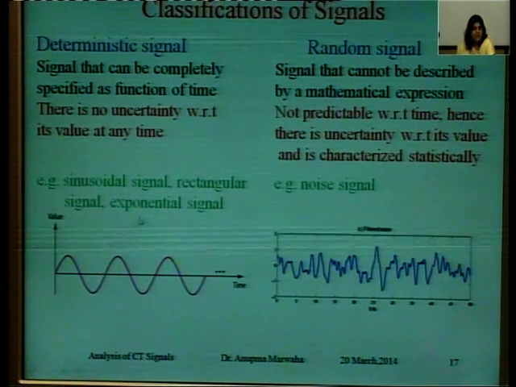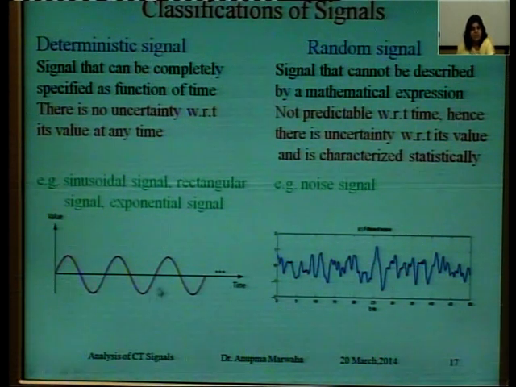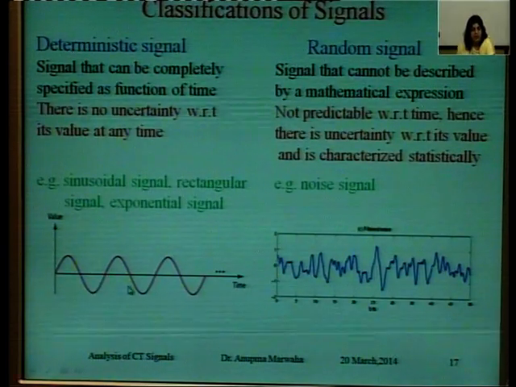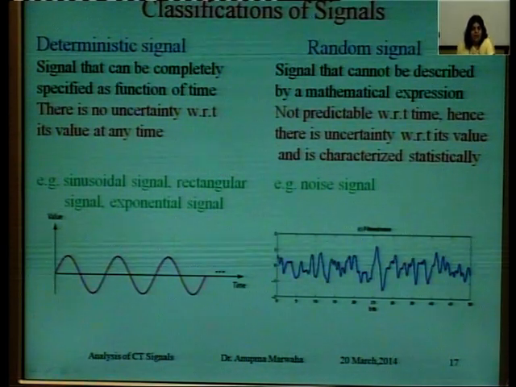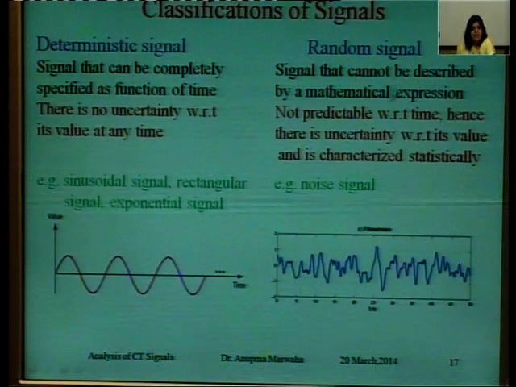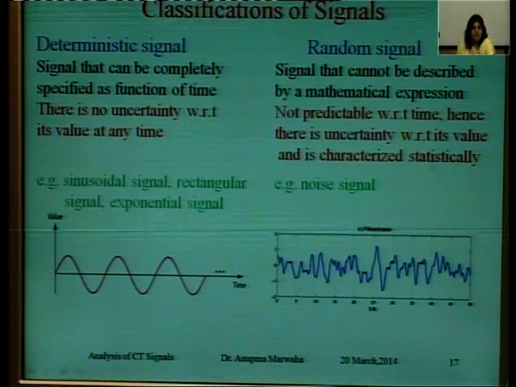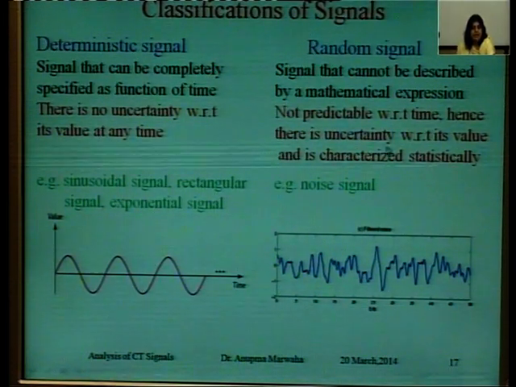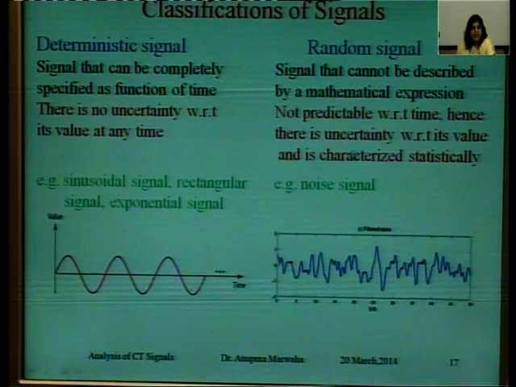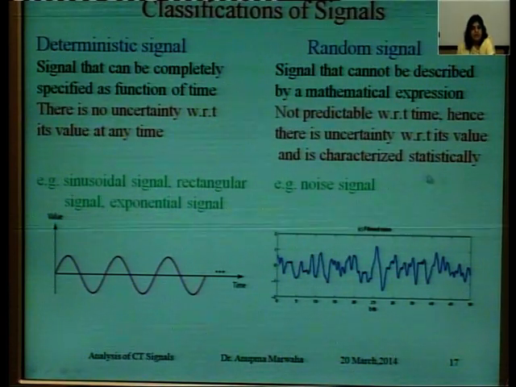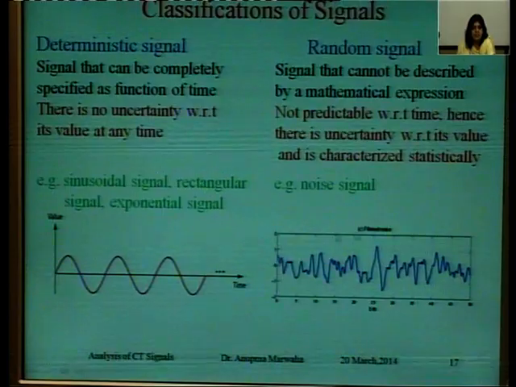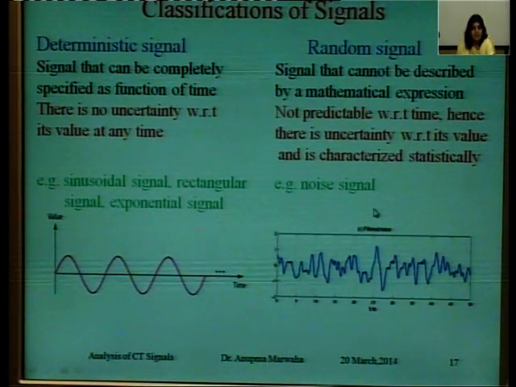For example, we have sinusoidal signal, rectangular signal, exponential signal and so on, for which we have a mathematical expression. A random signal is one which cannot be described by a mathematical expression, that is, it is not predictable with respect to time. Naturally there will be uncertainty associated with its value, and hence the random signal is characterized statistically. For example, we have noise signal.